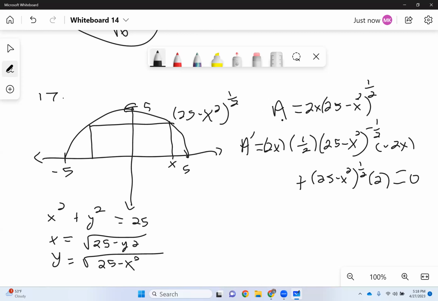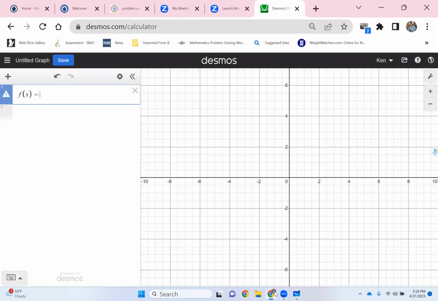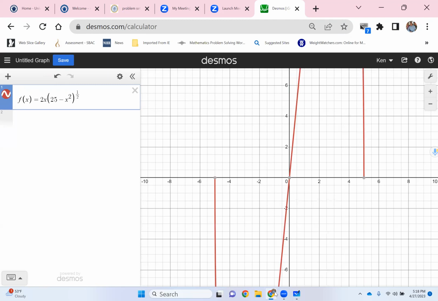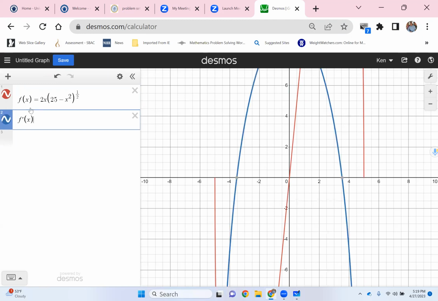So let's take this function right here, call it f of x, and put it into Desmos. So f of x equals 2x times 25 minus x squared raised to the 1/2. All right. Now let's take the derivative of that and find out where that derivative is equal to 0.